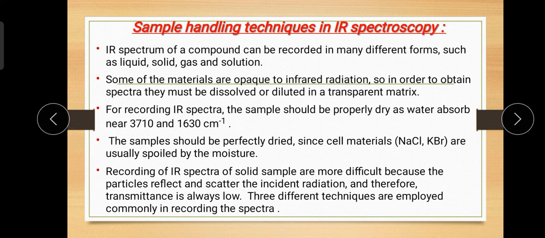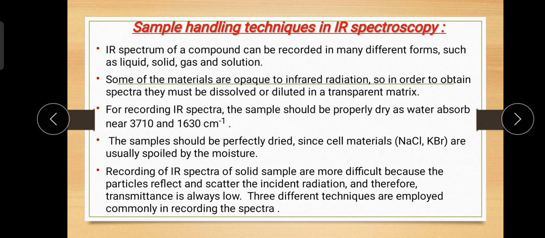That means due to moisture the obtained spectra is not proper. The sample cells in which we place the sample are made from sodium chloride or potassium bromide, and due to the presence of water these materials get spoiled and we get unacceptable spectra.